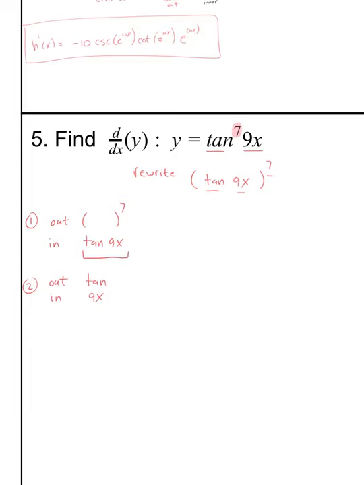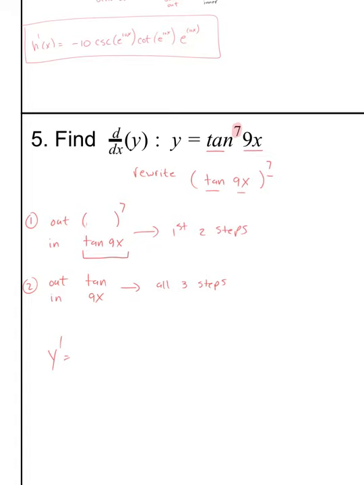All right, remember, this is just another symbol for derivative right here, d dx of y. All right, we go to work, y prime. Remember, on the first chain, we only do the first two steps of the chain rule. And then on the last chain, you do all three steps. If there's more than one chain, you only do the last step of the chain rule on the last chain.